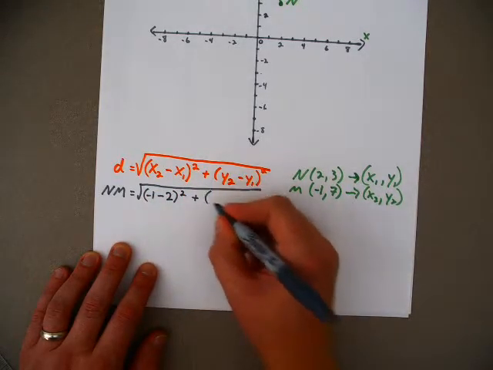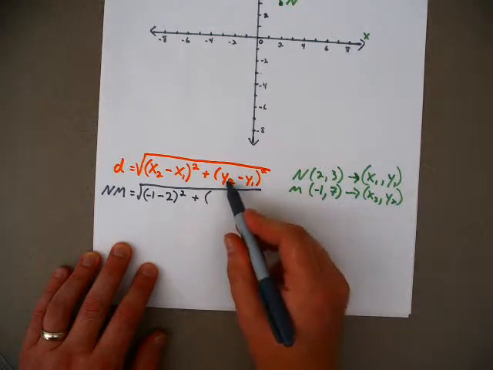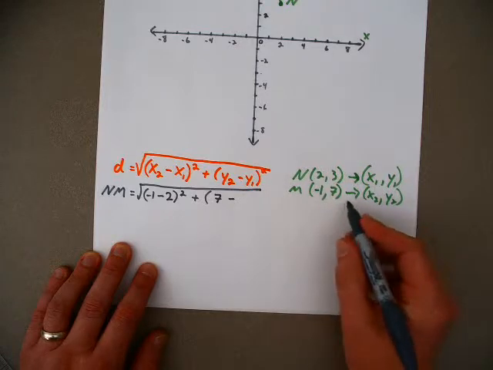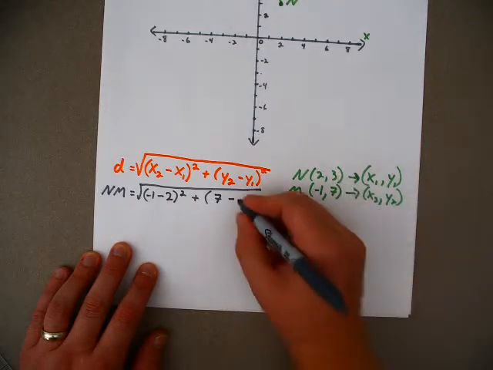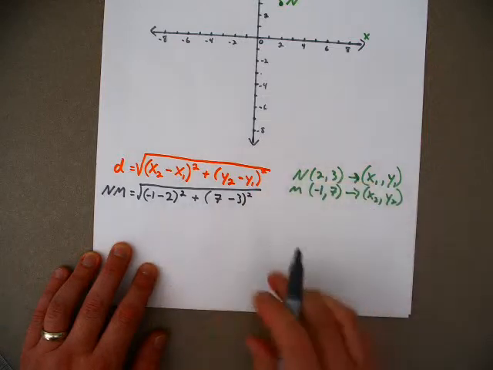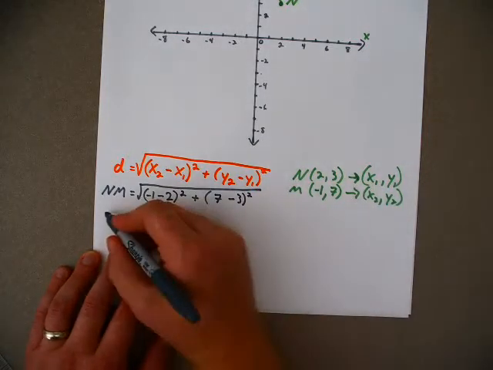We're going to add that to the difference of y2, which is 7, minus y1, which is 3. We're going to square that, and then we'll take the square root of all of that.